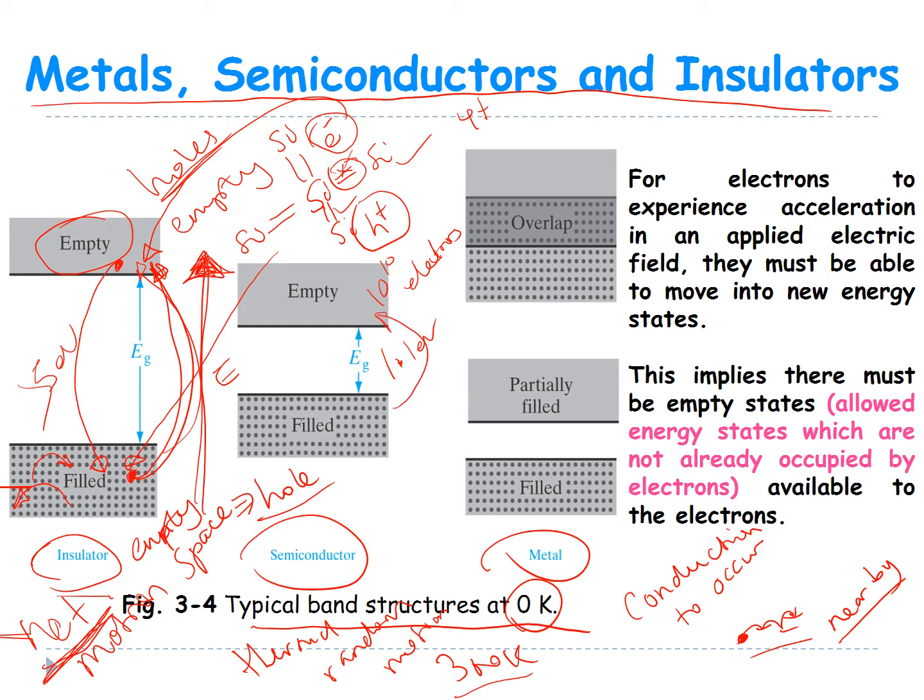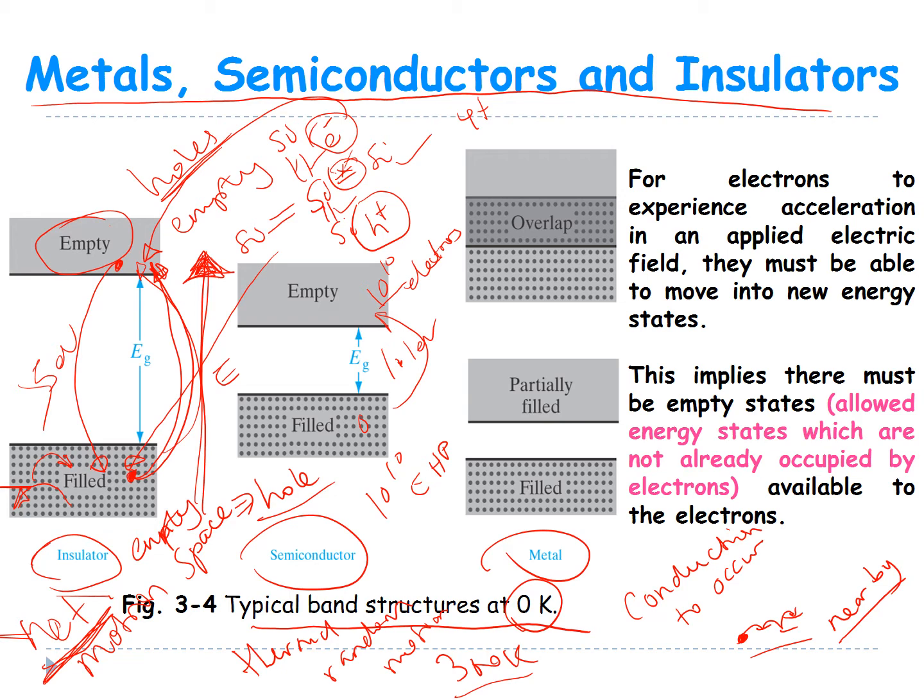And when you excite electrons, you are more like breaking bonds. You are breaking these bonds, so you leave behind holes. So when we say 10 to the 10, we usually say 10 to the 10 electron hole pairs, because for one electron, you leave behind a hole. So electrons and holes occur in pairs. So you have these electron hole pairs. Okay.